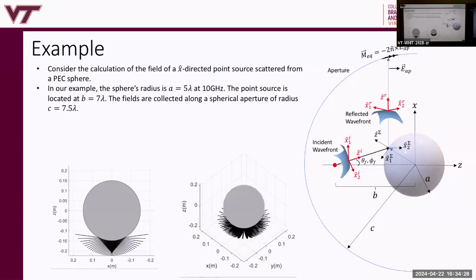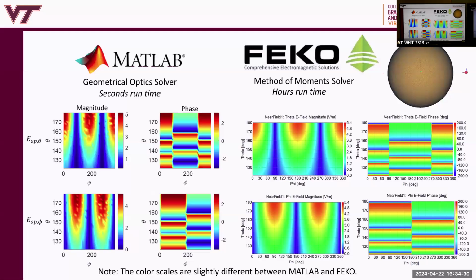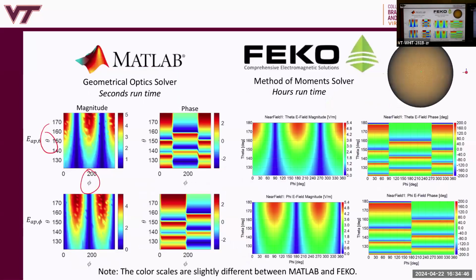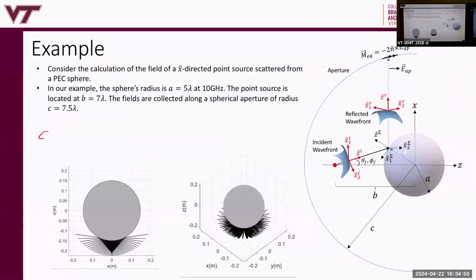Okay, so here's the run of the program. I collected the aperture field, E aperture theta and E aperture phi, and we got the magnitude and phase of that electric field as a function of theta. So what is this theta and what is this phi? It's plotted as a theta phi. Those are the coordinates of the points of the reflected field.